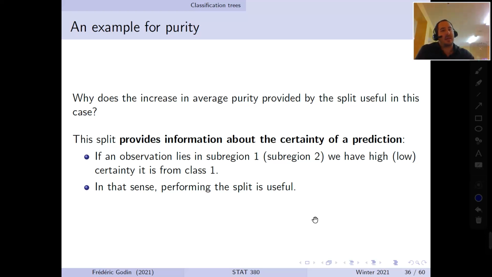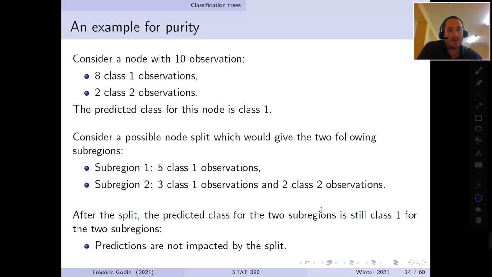Here, if we make that split, then this gives us very good information about the uncertainty, because if we go back here, we can see that if we're in subregion 1, then we have very high certainty of being class 1, whereas if we're in subregion 2, then we have very little certainty that you're really in class 1, because class 1 is only marginally more likely than class 2.